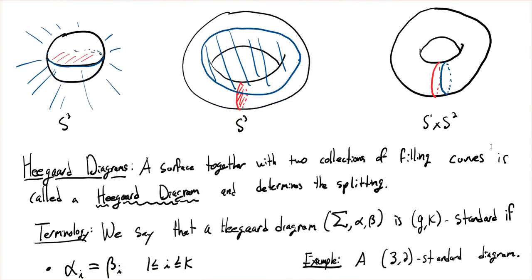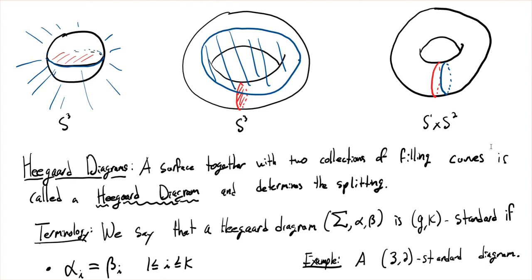Okay. So a surface together with a collection of pairwise disjoint curves that cut the surface into planar pieces provides instructions for creating a handlebody. By attaching disks to one side of the surface and capping the new boundary components, which are spheres, off with three-balls, we obtain a handlebody.